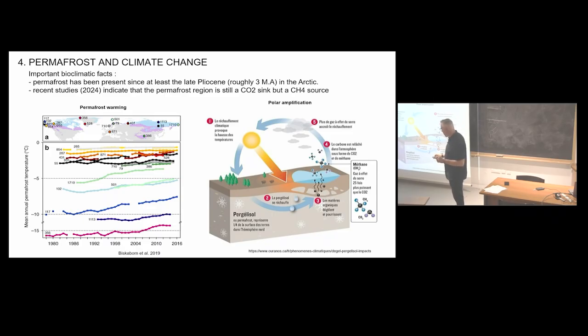So if you're at minus 15 and you warm your permafrost to minus 13, what happened? You're just going from cold frozen to a little bit less cold. So until you arrive at -2 approximately, it doesn't change much.